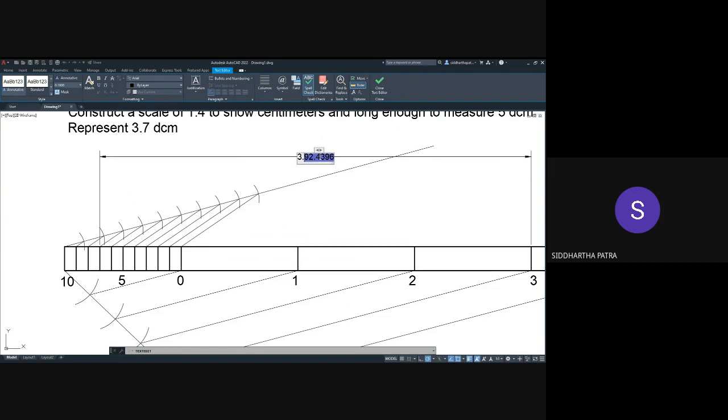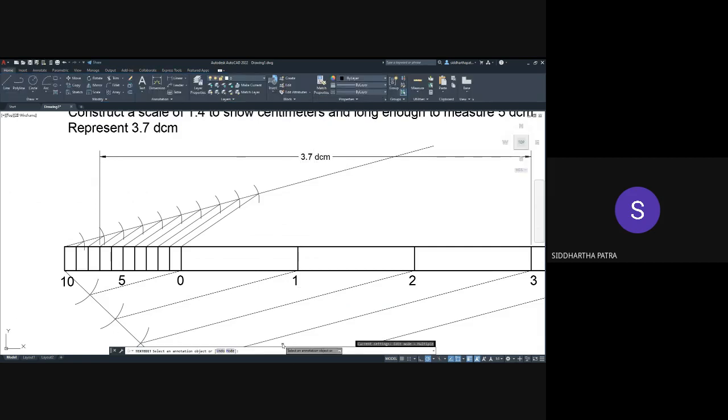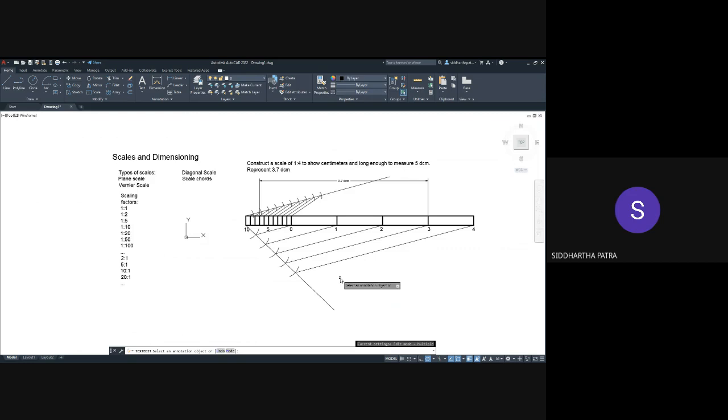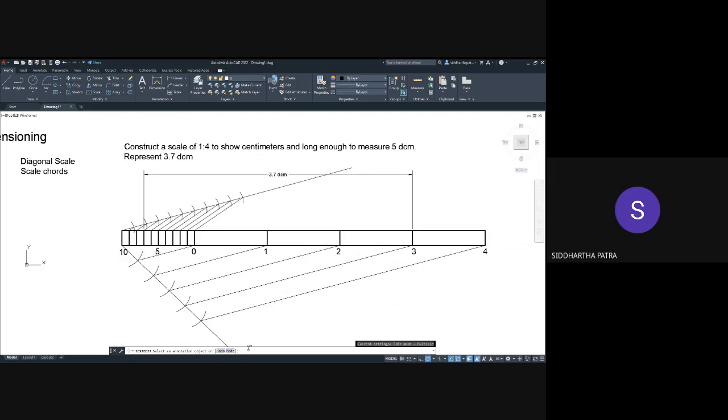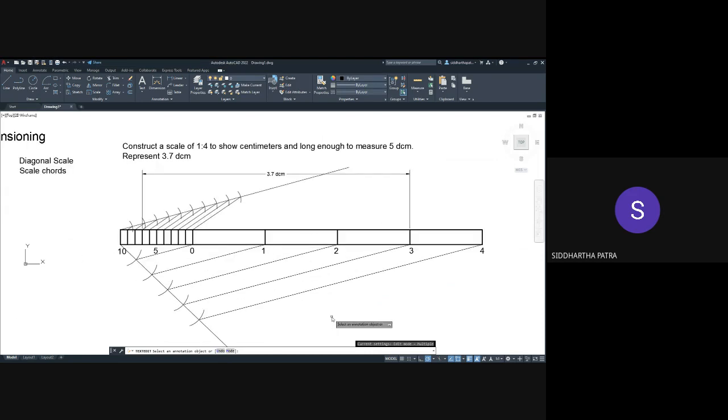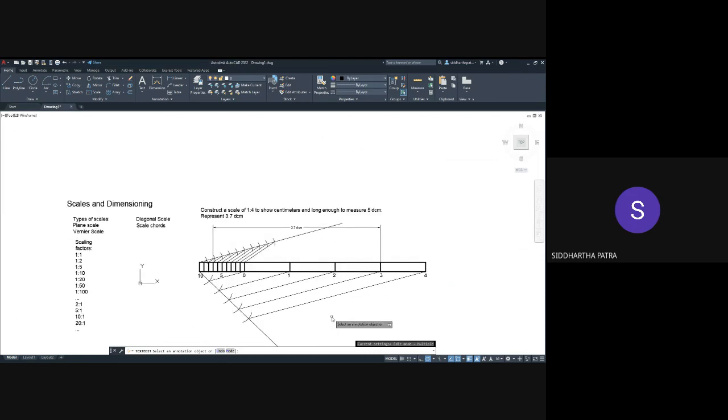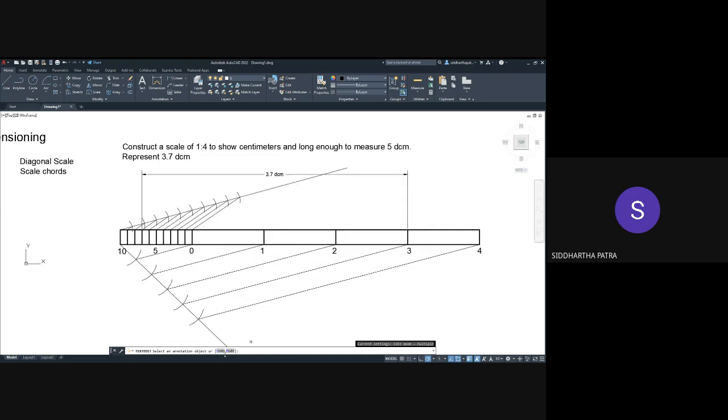You are supposed to write 3.7. Okay, so this completes the drawing.